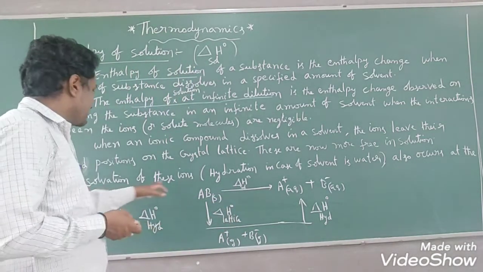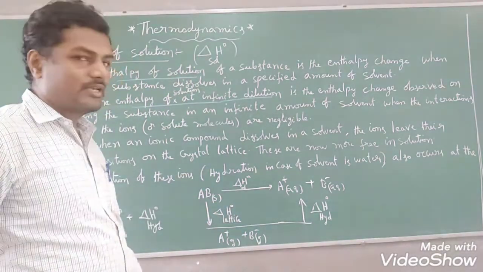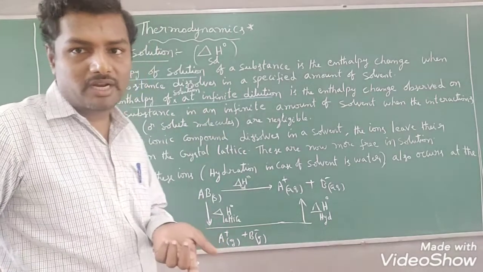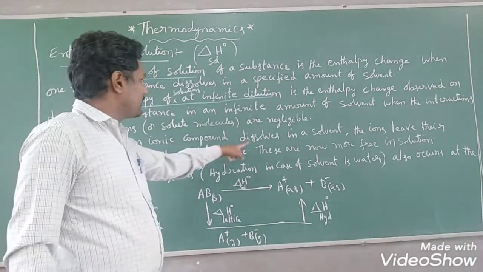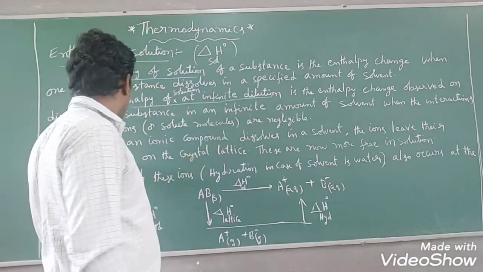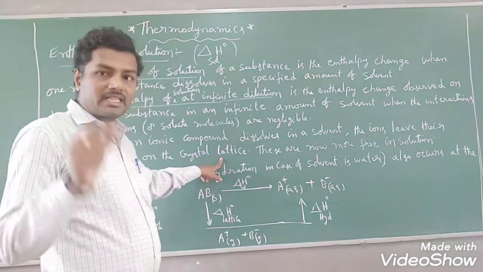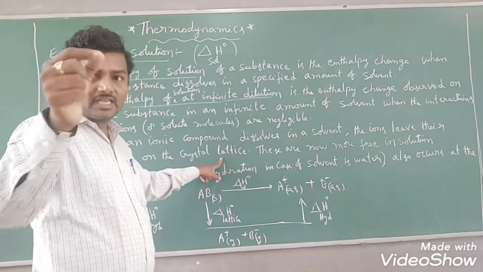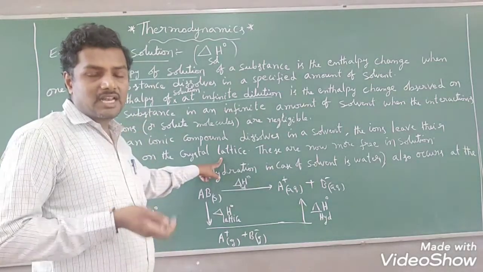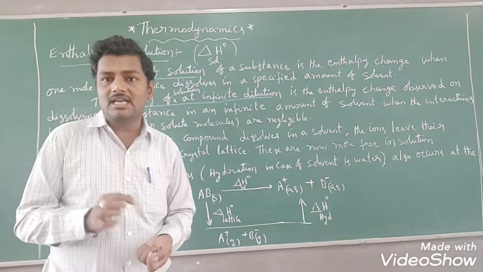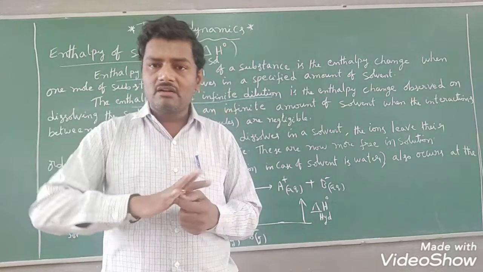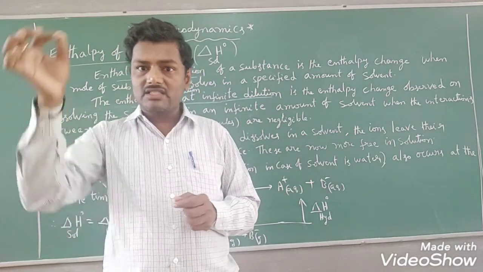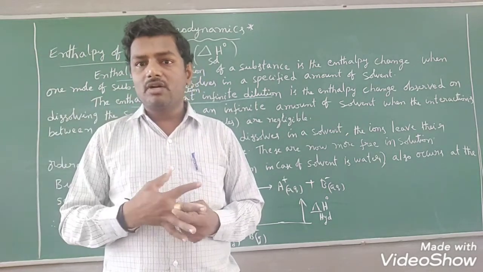So hydration also occurs. That means hydration enthalpy is also important, not only lattice enthalpy. When an ionic compound dissolves in a solvent, the ions leave their ordered positions in the crystal lattice. The enthalpy change we observe at that stage is the lattice enthalpy, the enthalpy change when 1 mole of ionic crystal is dissolved in a given amount of water.